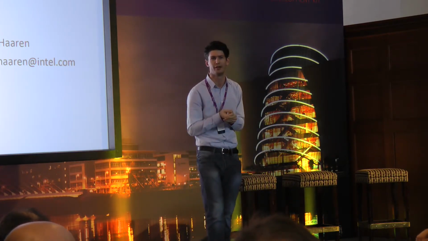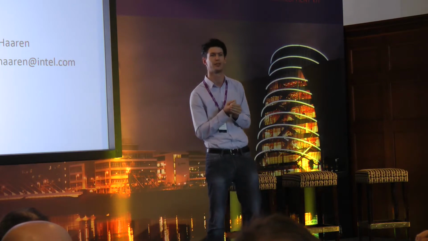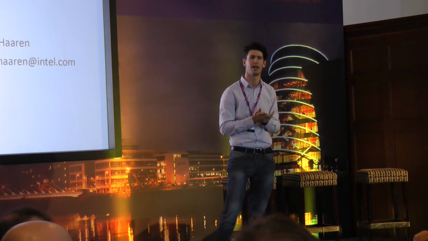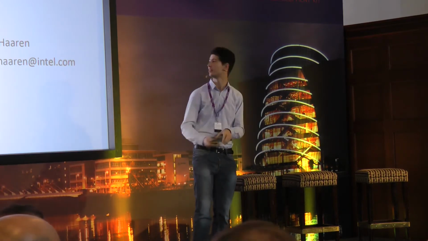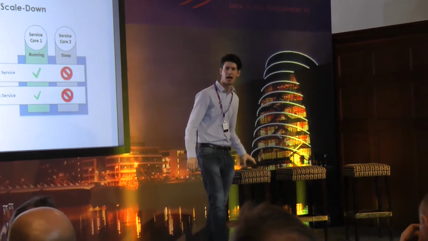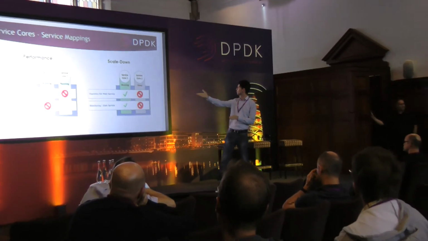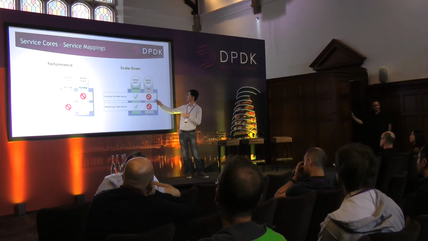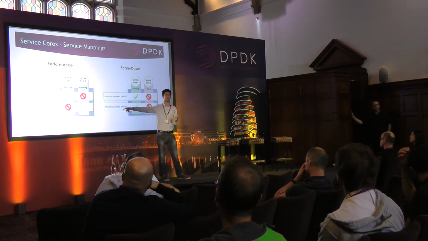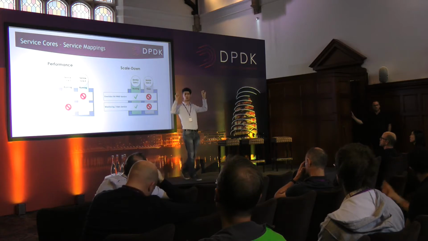So there has been thought for that use case in order to enable more dynamic runtime usage of service cores. And ultimately, I'll go to my little cheat slide at the end. This is two performance scale-down type scenarios that I could imagine, where we can add more cores in order to scale up, because here we have 2 cores running and the services map to each core uniquely, the performance setting.